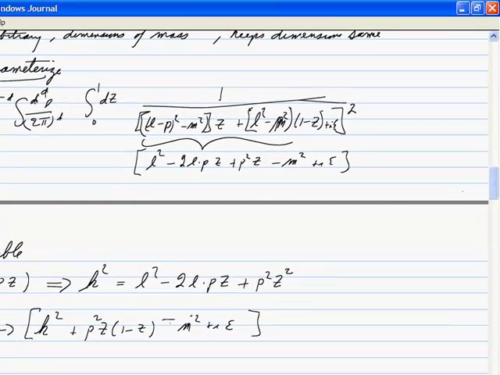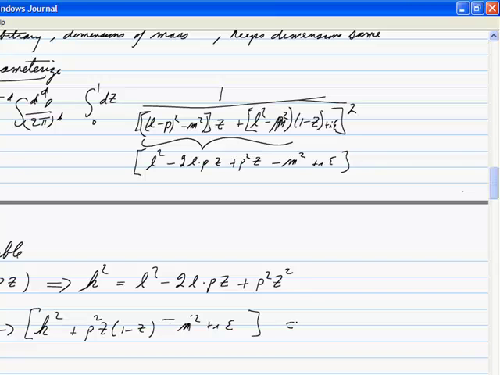So K squared has a plus P squared z squared. I cancel that by having a P squared z squared with a minus sign. So this expression is the same as that one.